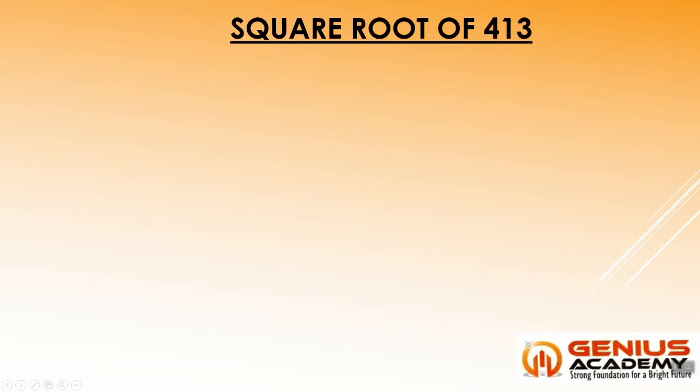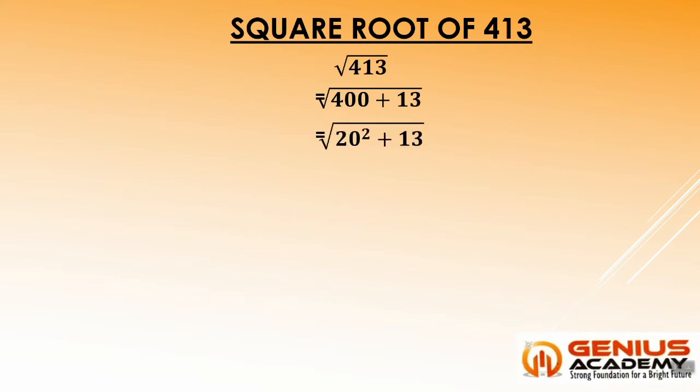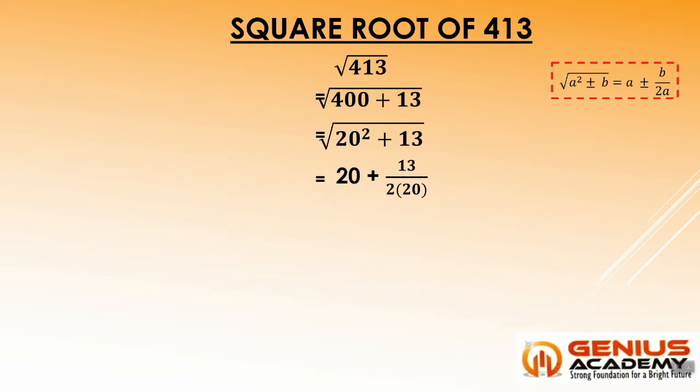Let us find the square root of a 3-digit number, say 413. We know the nearest square to this is 400. So we can write 413 as 400 plus 13, but 400 is 20 square. So this is 20 square plus 13. According to our formula, we can write this answer as 20 plus 13 upon 2 into 20.